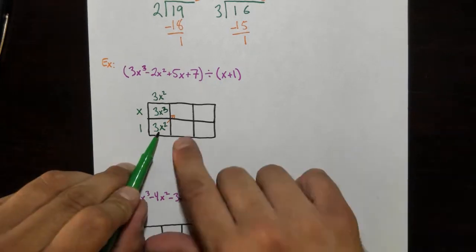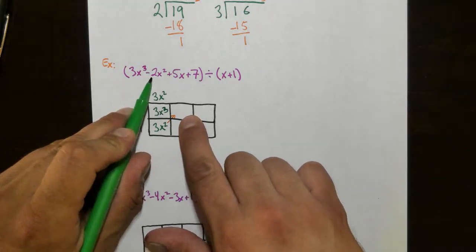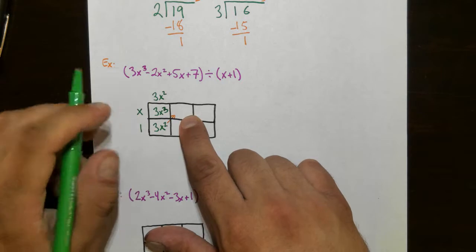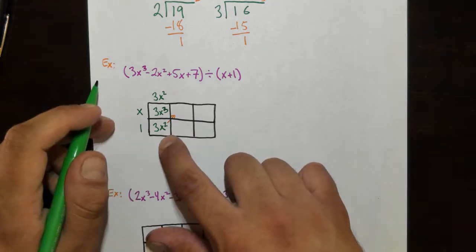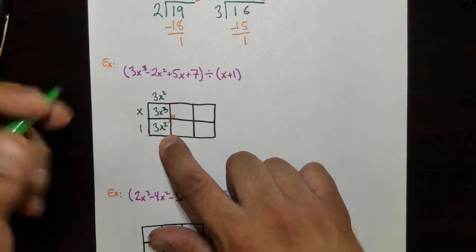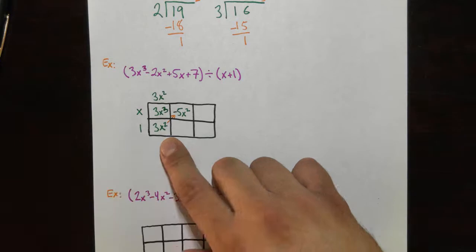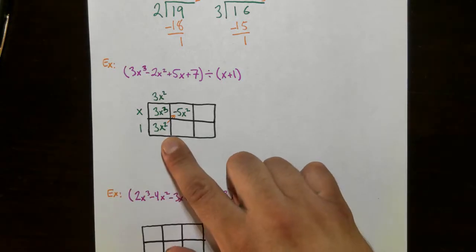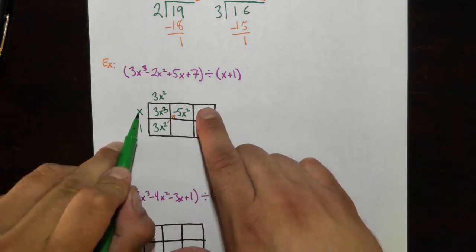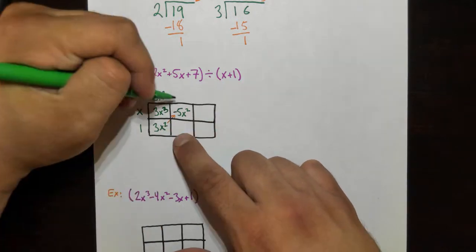Yeah, sorry about that. So now we need to go diagonally. And I know that this plus something else is going to equal this negative 2x squared. Well, we'll have to think. 3x squared minus what gives us negative 2x squared? And that's minus 5x squared. And now we can answer this. So x times what gives us negative 5x squared? That's negative 5x.